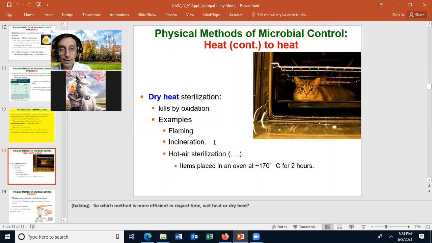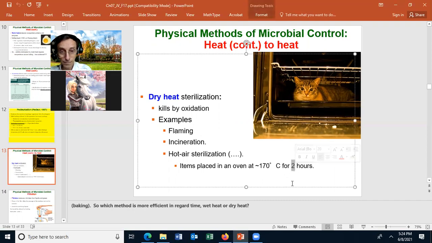To sterilize items by baking, you need to place the item in an oven at 170 degrees Celsius for 2 hours. That doesn't kill endospores, but it will kill bacteria and fungal spores and fungi and so on.